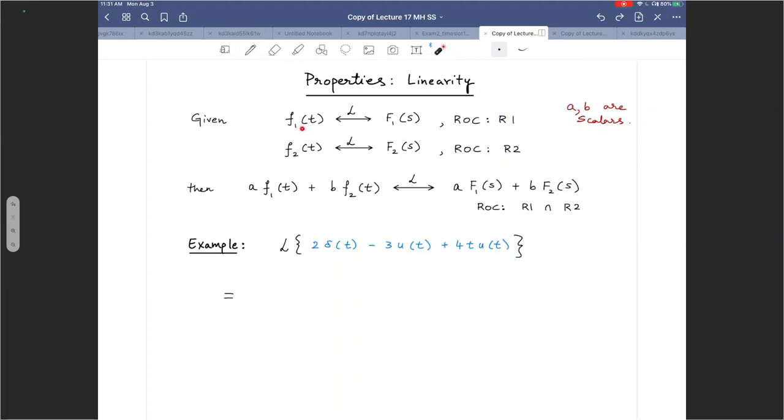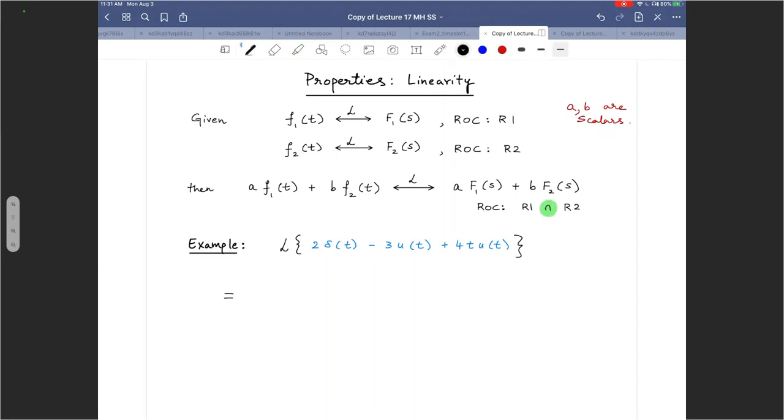If you have two functions, f1 of t and f2 of t, whose Laplace transforms are F1 of s and F2 of s, and their regions of convergence in the S-plane are R1 and R2, and a and b are scalars, then a f1 of t plus b f2 of t has Laplace transform a F1 of s plus b F2 of s, and its region of convergence is R1 intersection R2.